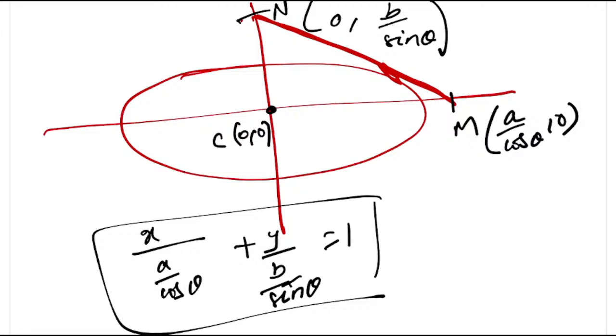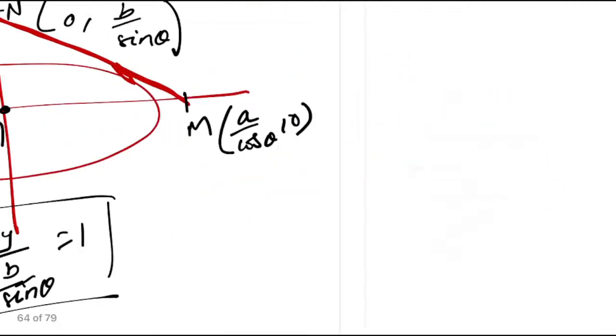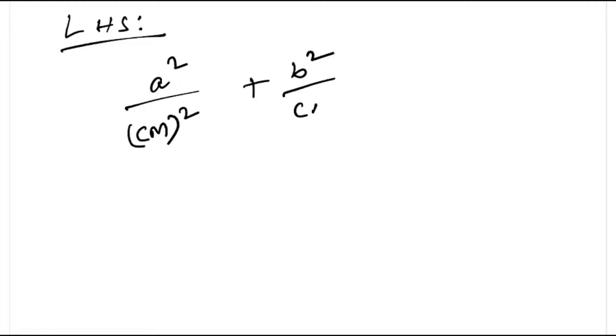Now look at what they gave. Now what we have to prove is, consider LHS, that is nothing but a square by cm square plus b square by cn square. So a square by, what is cm square?